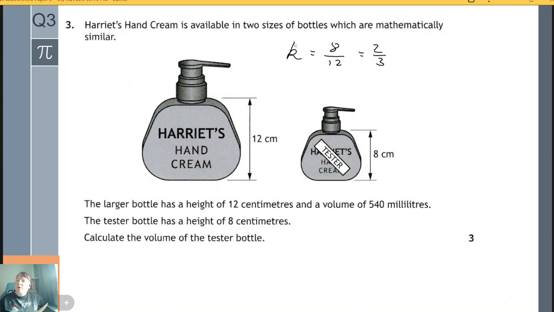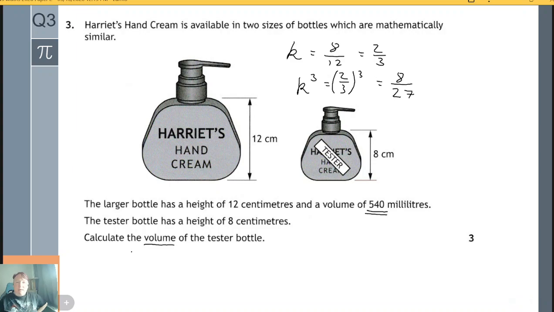Okay, now we'll work out the volume of the tester bottle, so we're going to use K cubed. So that's 2/3 cubed, which 2 to the power of 3 is 8, and 3 to the power of 3 is 27. So that's our fraction that we're going to use, and we're dealing with 540.